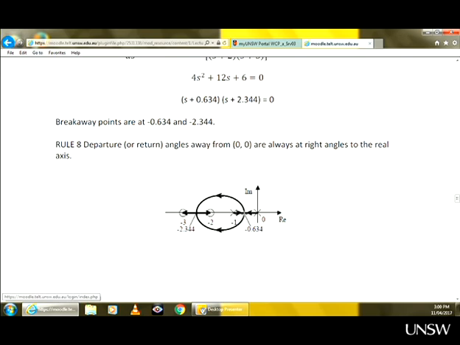Once you exceed this value of k, then you start having a pair of complex conjugates. First, they are very close to the real axis. They keep moving apart, and then they keep getting back again. But all the while, between this point and this point, you have oscillatory stable behavior, oscillatory because the roots are complex conjugate. The damping ratio is less than 1, greater than 0.